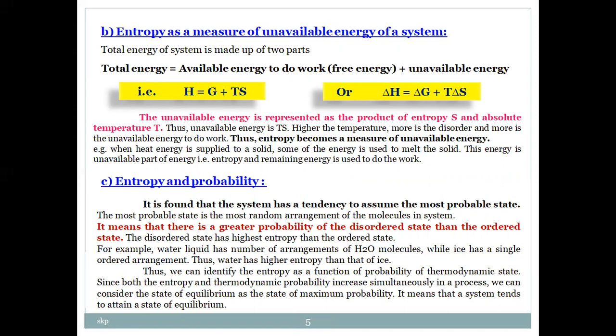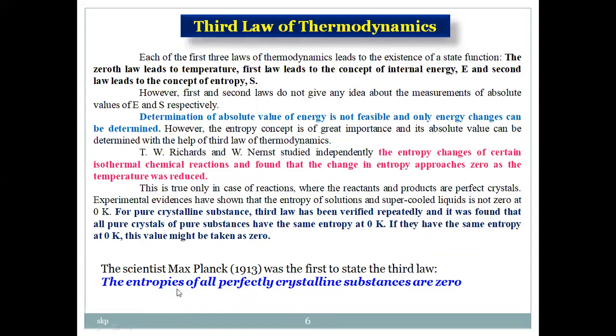The disordered state has higher entropy than the ordered state. For example, water in liquid form has a number of arrangements of H2O molecules, while ice has a single ordered arrangement. Thus, water has higher entropy than ice. Thus, we can identify entropy as a function of the probability of a thermodynamic state.